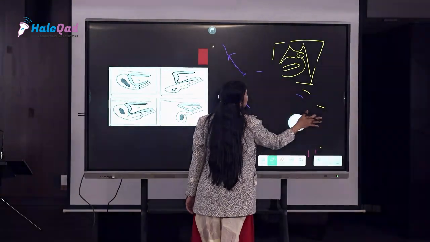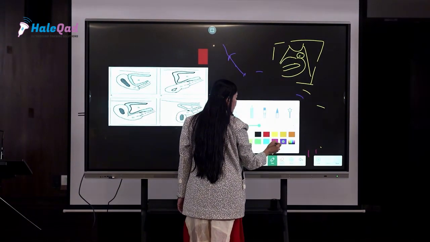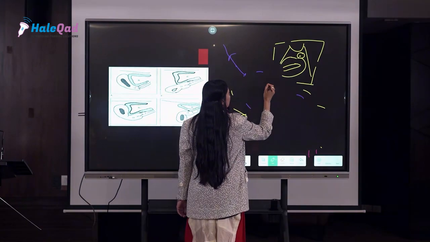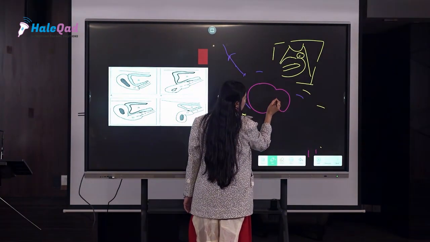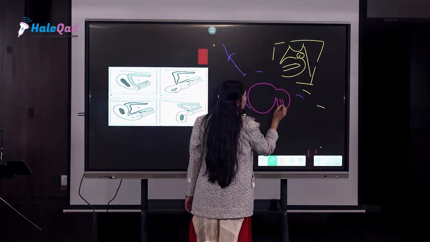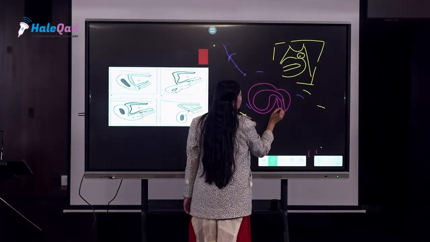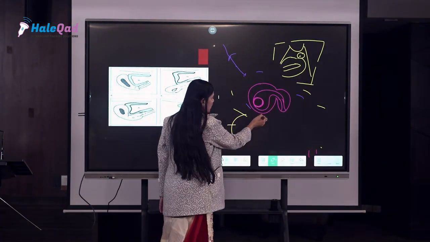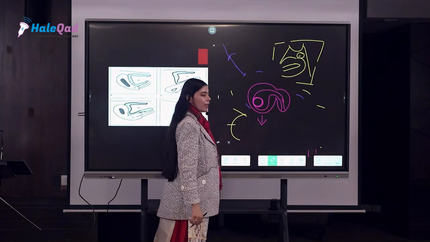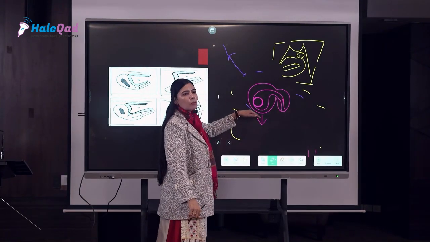So what happens in this retroflexed uterus? See, the sac is here. When this uterus is undergoing hyperplasia, it will keep on growing down.